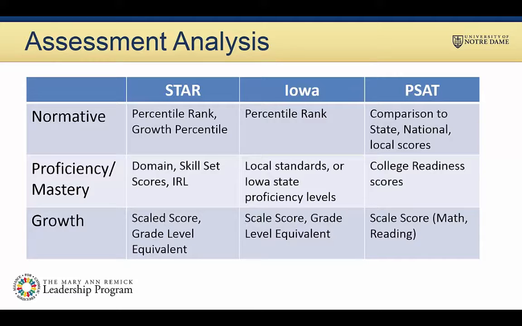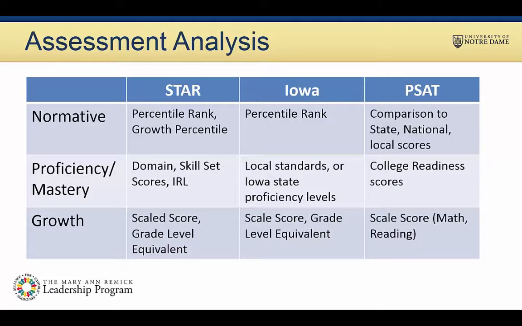The Iowa assessment has a percentile rank, and the PSAT doesn't have a normative score per se, but you can compare to state scores, national scores, local scores. If you're a high school looking at other high schools in the area, that gives you a proxy for a normative score. Proficiency and mastery, again, in the STAR, there's the domain and skill set scores.